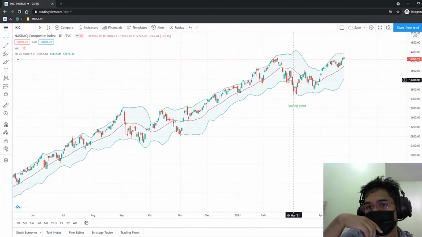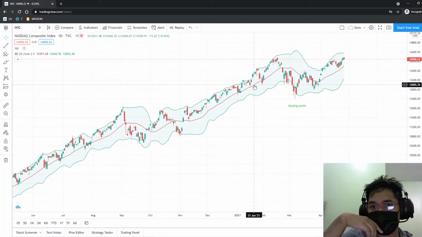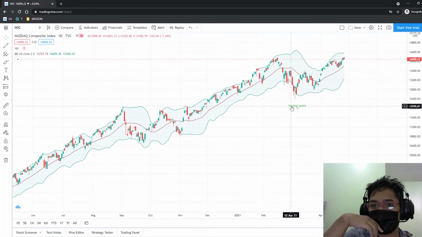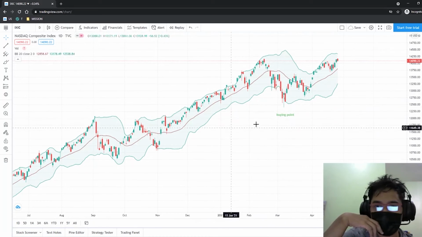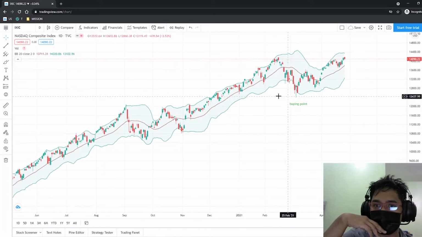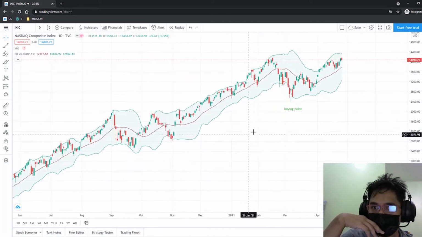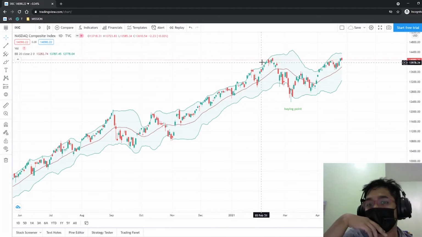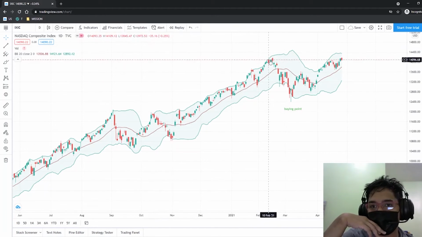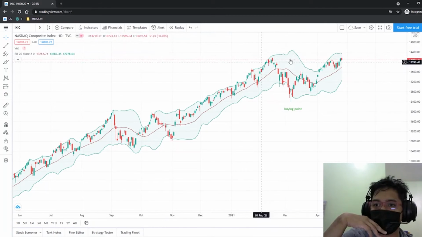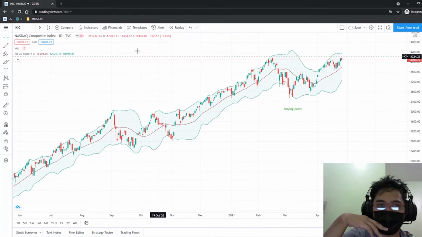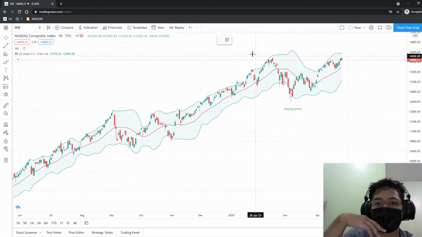Whenever the price of the index goes 2 times standard deviation below, that's a point where I want to buy the fund. And then whenever the index goes 2 times standard deviation above the mean, that's where I sell.